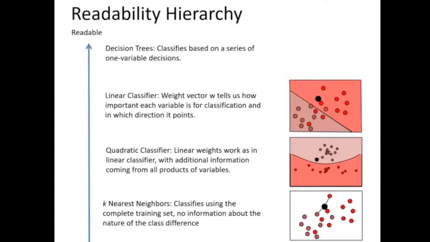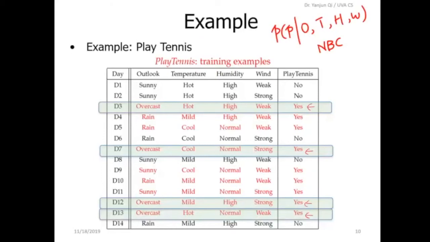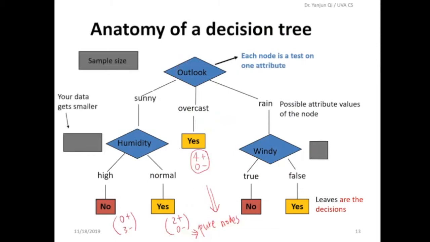If you still remember the table I shared. 4 positive, oh actually no, actually 9 positive, 5 negative. Yeah, 1, 2, 3, 4, 5. Yeah, it's 5 no, sorry. So this is 5 negative, 9 positive. So you write it like this, that's my top node.